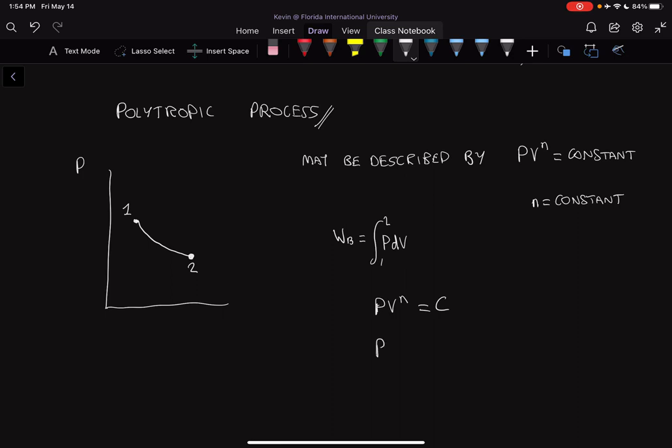So we can put P on one side and then solve for the work boundary. If we put P on one side, we now have P as a function of V. So it's going to be C over V to the n, and we can rewrite that as P is equal to C times V to the negative n. It's the same expression, just with a power of negative n, so everything is on top.